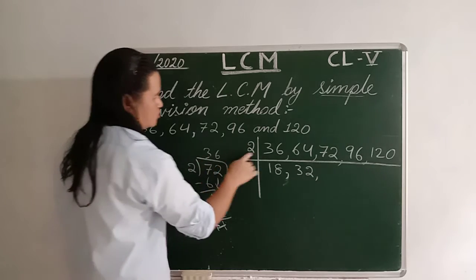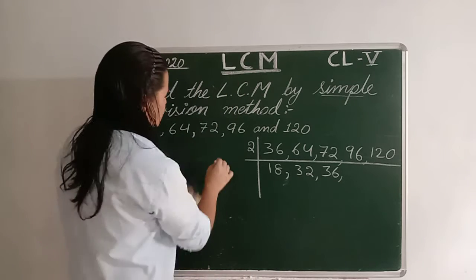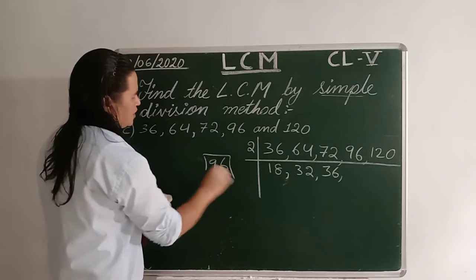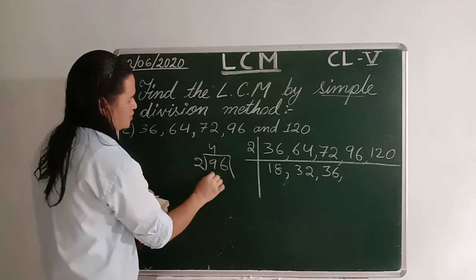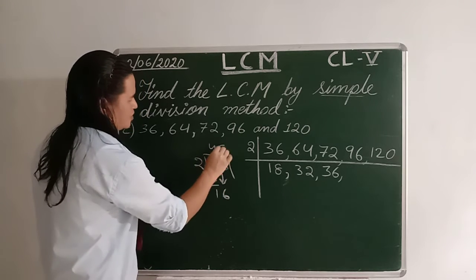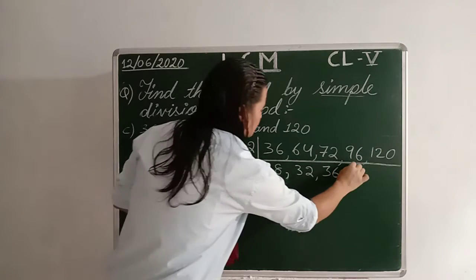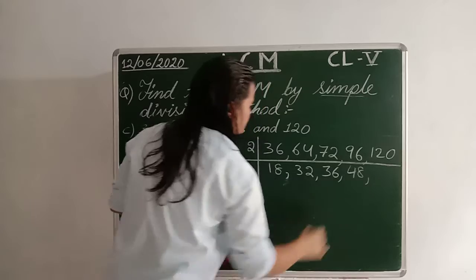So 2 36s, 2 36s are 72. Now again 96. 2 how many times? 2 4s are 8, 16, 2 8s are 16. So 2 48s, 2 48s are 96.